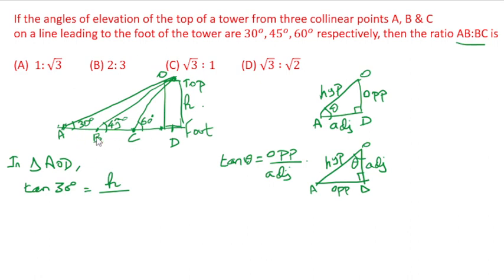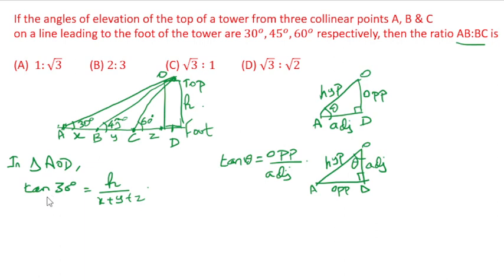So we note down the distance from A to B is x, B to C is y, and C to D is z. So the distance is x plus y plus z.